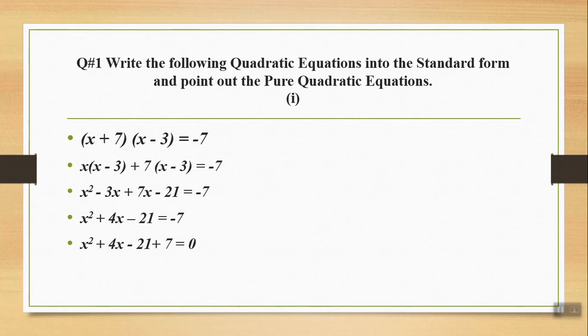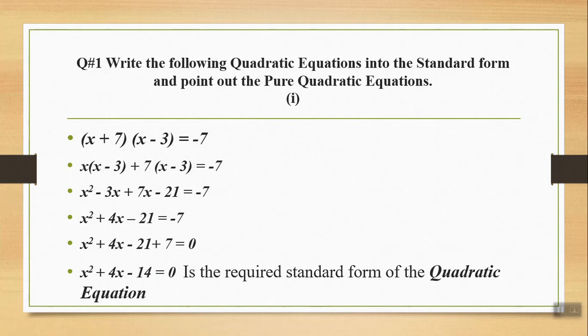So we have to shift minus 7 to the left side. This minus 7 will become plus 7, and on the right side it will become 0. So the expression is x square plus 4x minus 21 plus 7 equals 0. In the next step, x square plus 4x, and minus 21 plus 7 will become minus 14 equals 0.